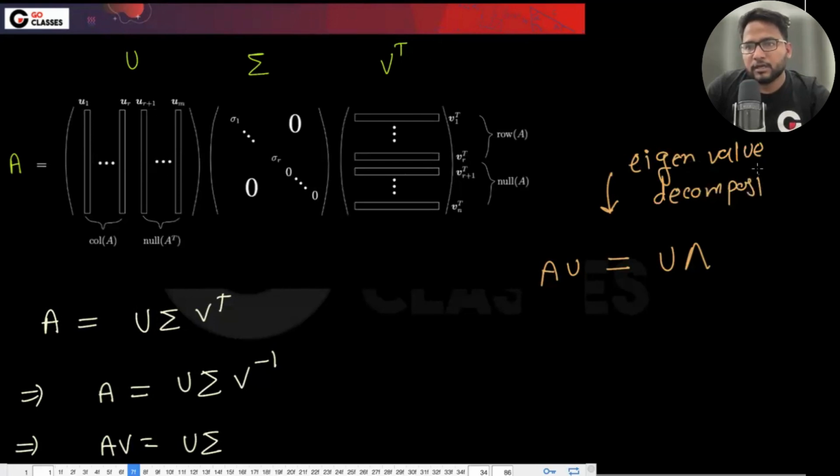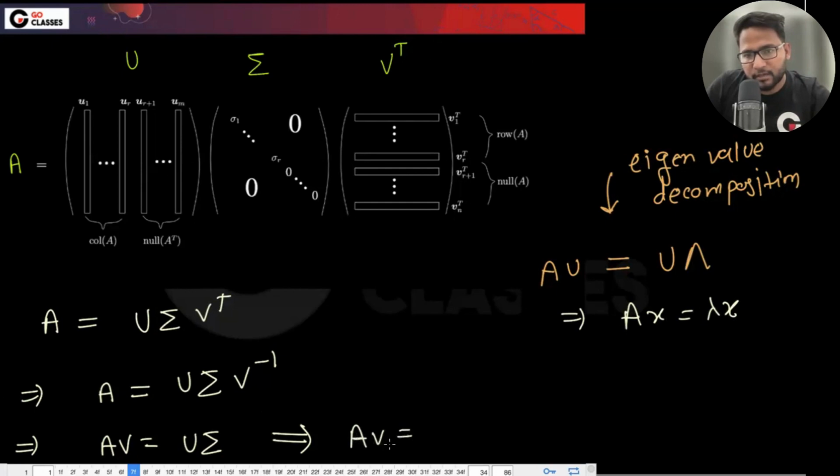Okay, great. So this formulation that we have arrived at is almost the same as eigenvalue decomposition. There we used to write AX equal to lambda x. Here we are writing A V_i equal to sigma_i U_i, and that is for R vectors.